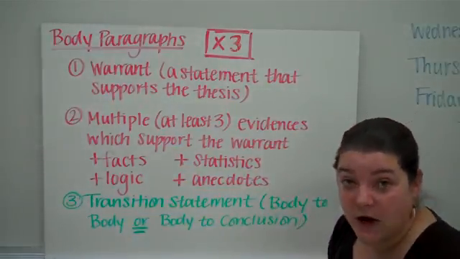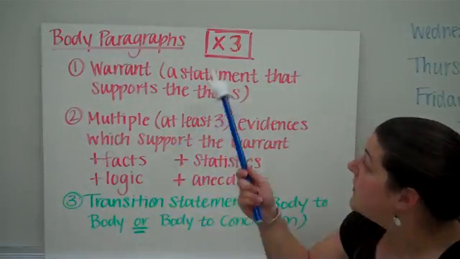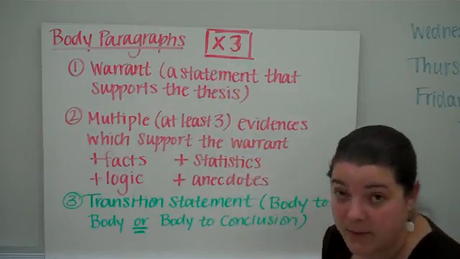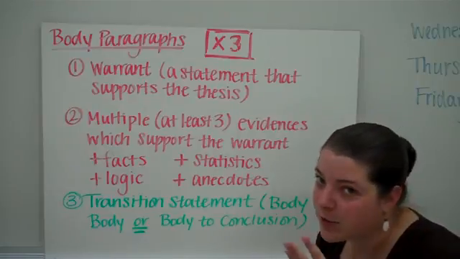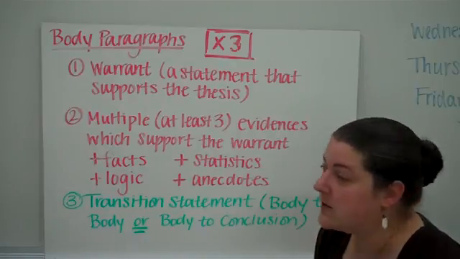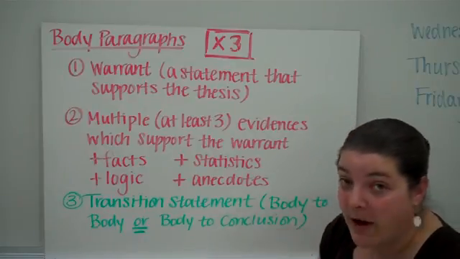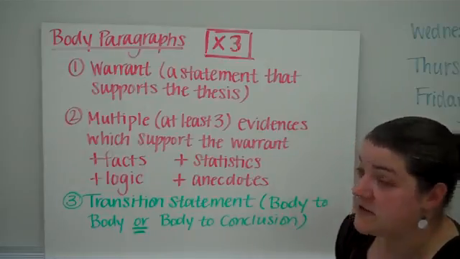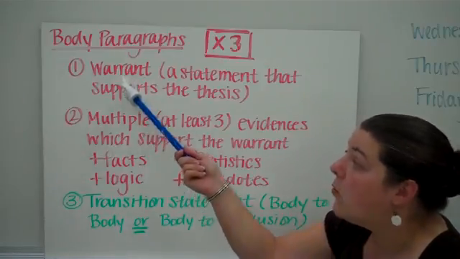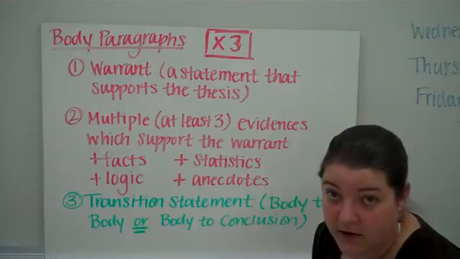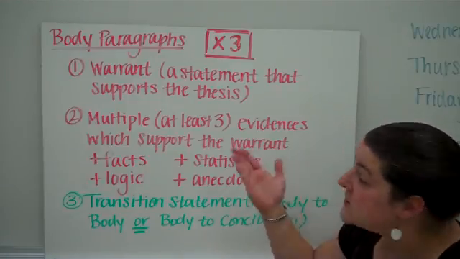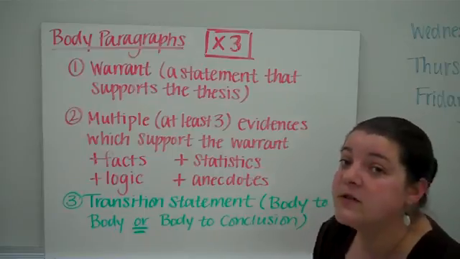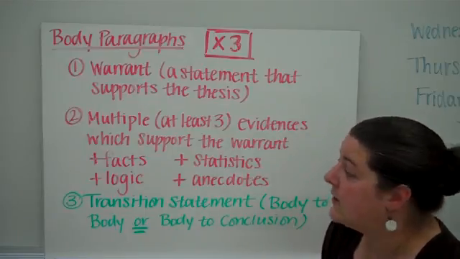So, let's talk about your body paragraphs. And you're going to notice that I put a ×3 up here. Well, that ×3 is because you're going to have 3 body paragraphs, okay? So, your body paragraph, the first thing it's going to do is contain your warrant. I know that's a word that you haven't heard us use before. Warrant. What a warrant is, is your statement that supports your thesis, okay?